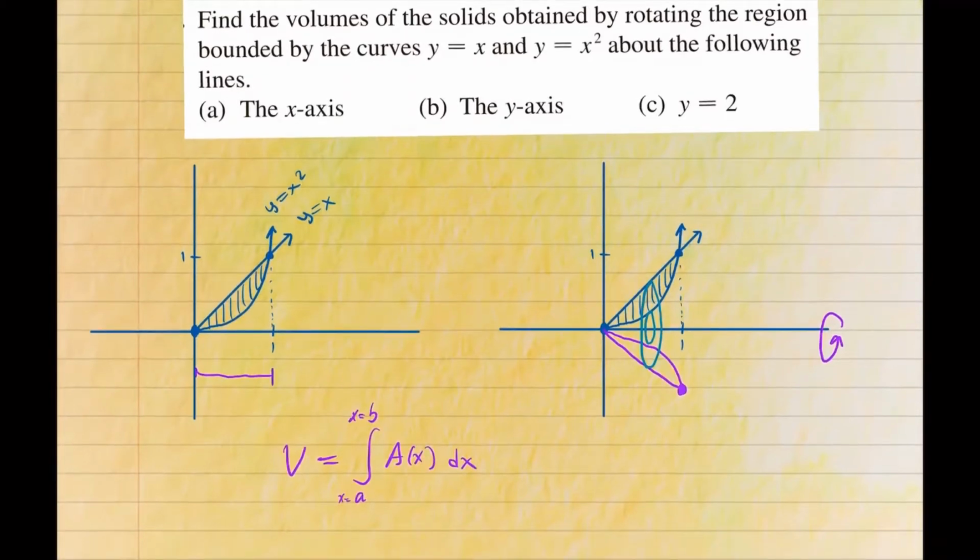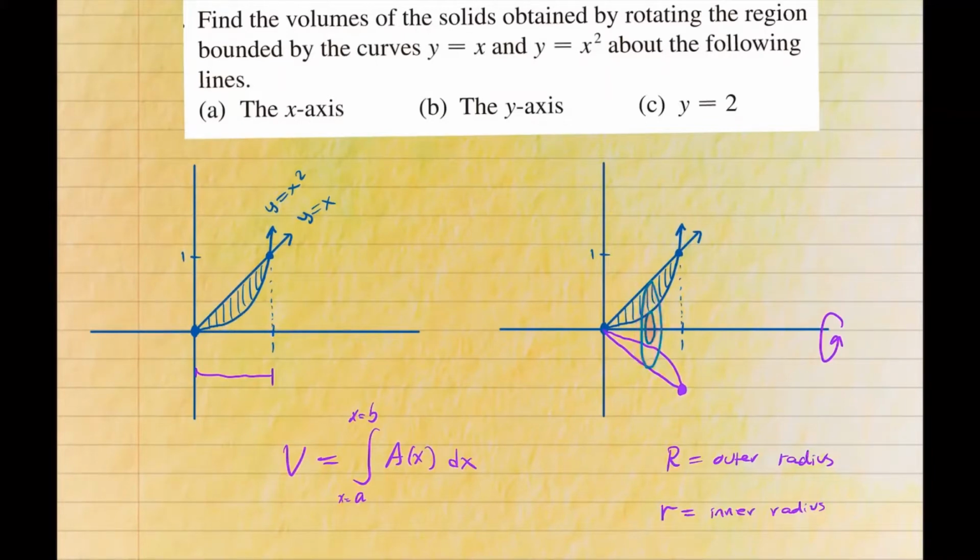Now we have to be careful because we have a smaller radius and a bigger radius. So we can call them big R for the outer radius of this washer and little r for the inner radius of the washer. That's what we have right here. This is the little circle, and that's the big circle right up here.